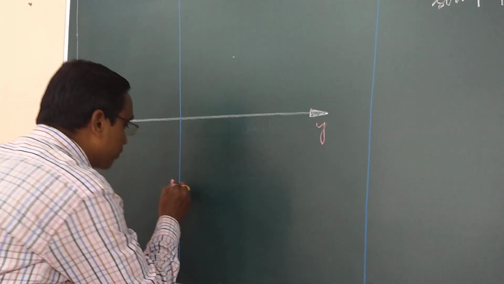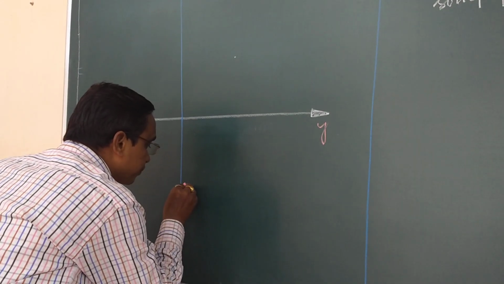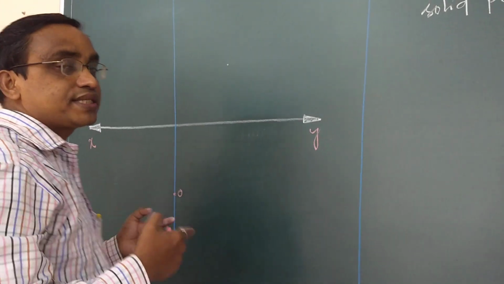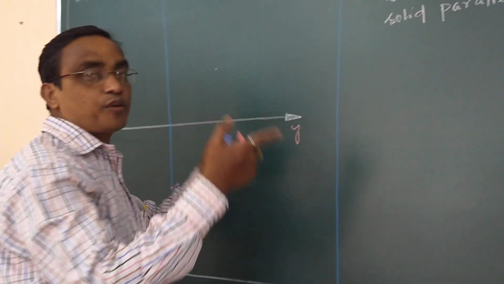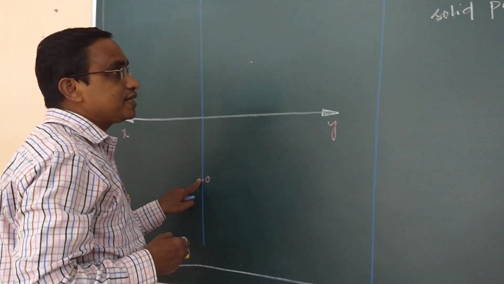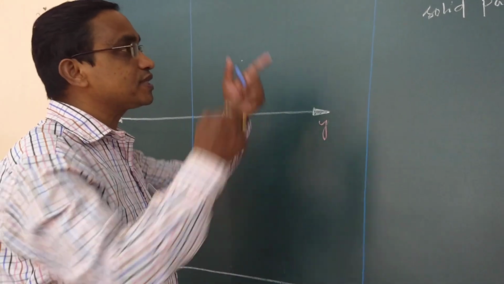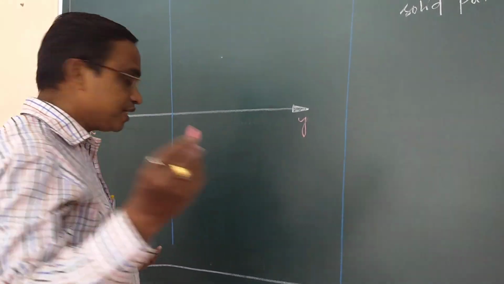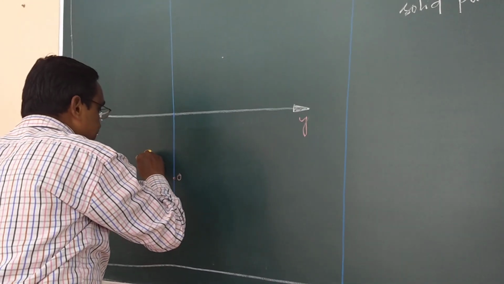You mark the center point O, that is 60 mm from XY reference line, because it is 60 mm in front of VP. O is the center point. O is the center and radius is 40, because diameter of the cylinder is 80, radius is 40, you draw a circle.